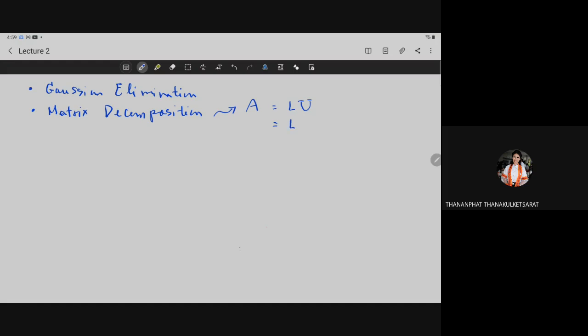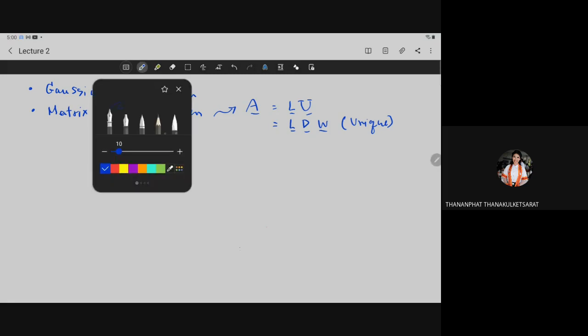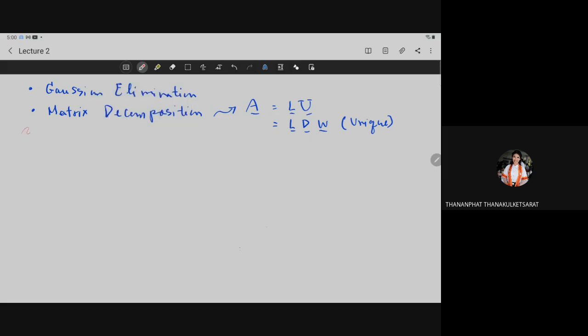Then we can decompose into L multiplied by D, a diagonal matrix, and then multiplied by an upper triangular matrix as well. This one is going to be a unique decomposition. For A equals L multiplied by U, it's not unique, but for LDW it is going to be unique. So basically these are the two topics we're going to talk about today.